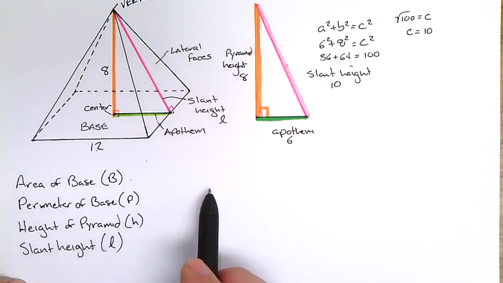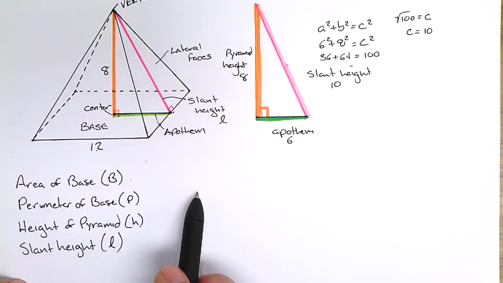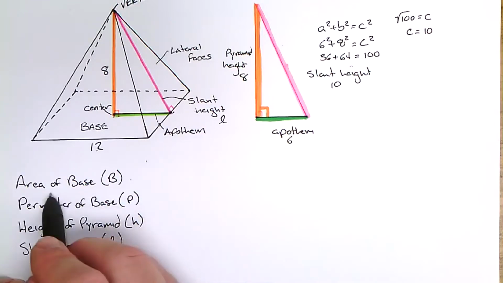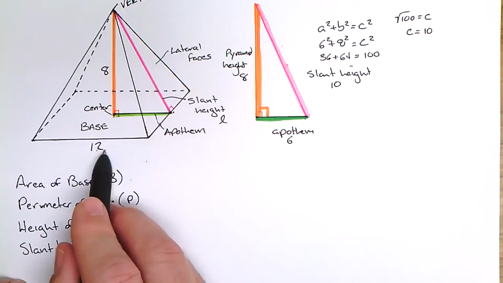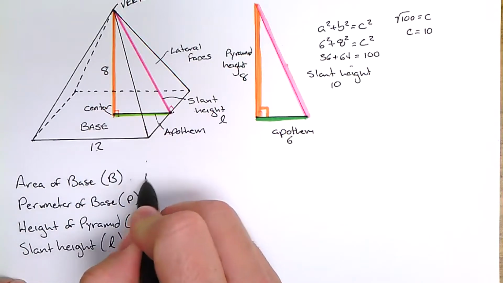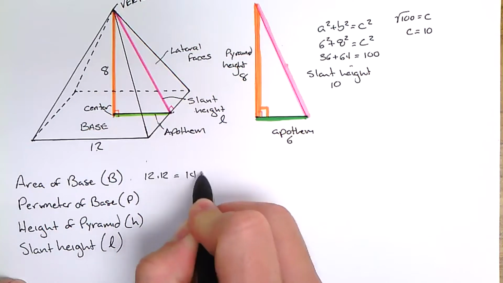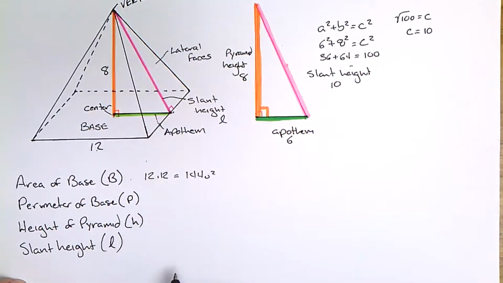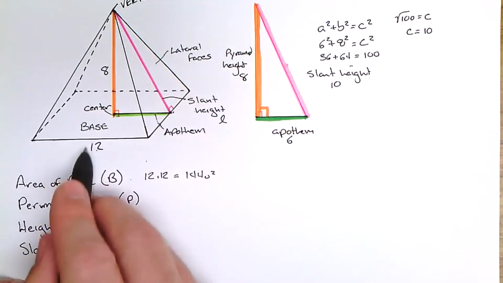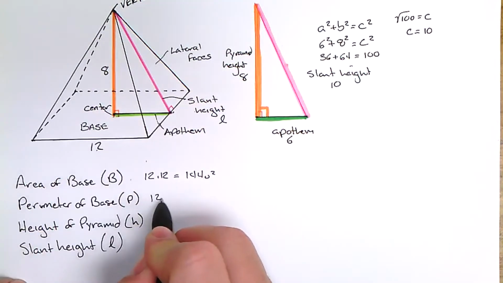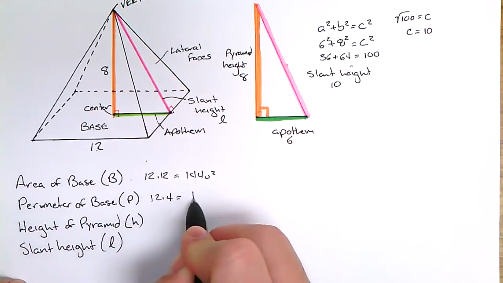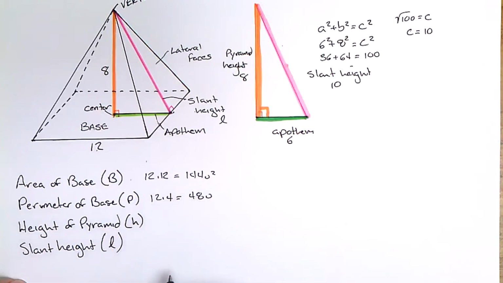So when we're looking at our pyramids, we need 4 pieces of information that we'll be working on today. We need the area of the base. So in this case, it's going to be 12 times 12, or 144 units squared. We need the perimeter of the base. So if we have 4 sides and each side length is 12, 12 times 4, so 48 units.